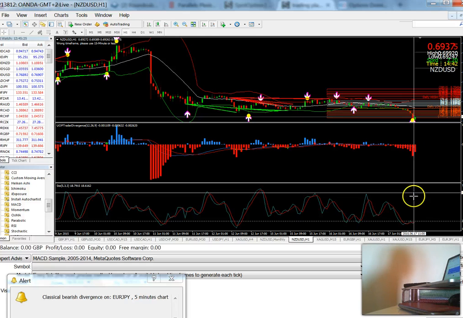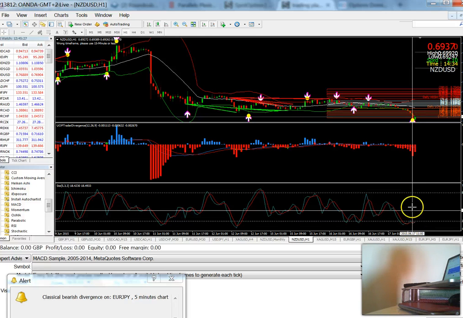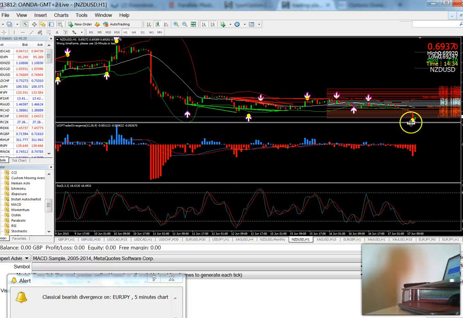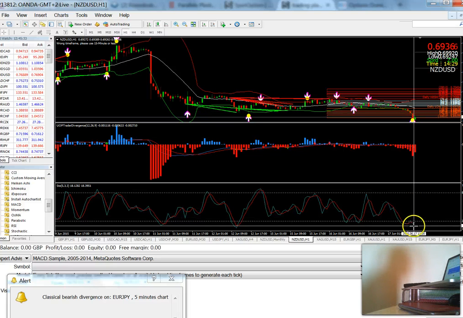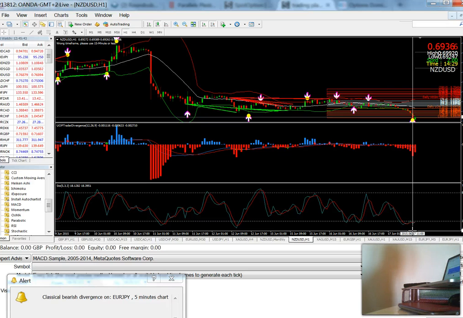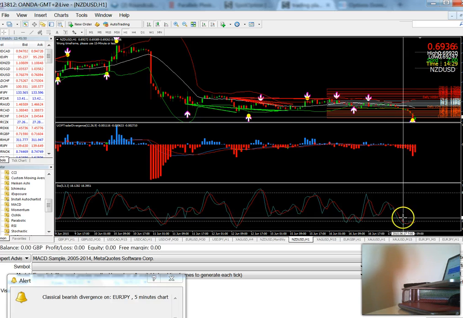If we go all the way down here, you can see what time it was there. Just watch my cursor and the line there. So it was issued at about 11 o'clock or so. You can see my MT4 is actually GMT plus 2, but that's when it was issued.